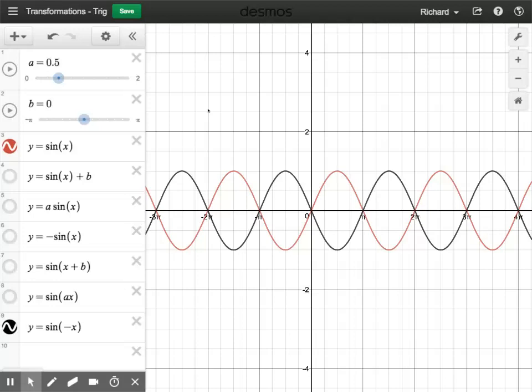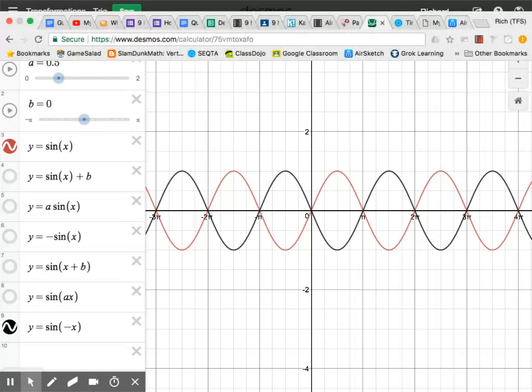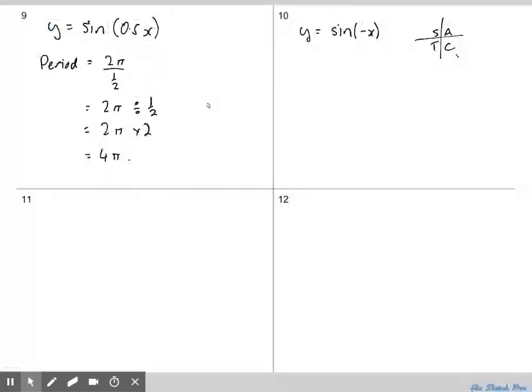So if I was asked to, I'll just go back to AirSketch. So if I was asked to do something like this, graph y is equal to 2 sine 4x, I would do something like this. I would go amplitude is equal to 2, period is equal to 2 pi on 4, which is equal to pi on 2.